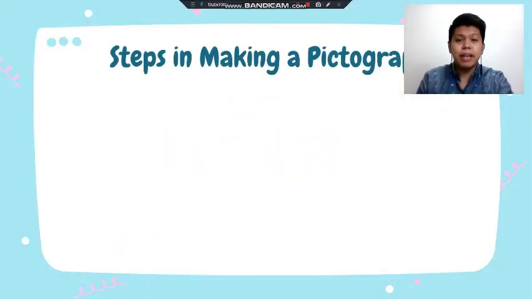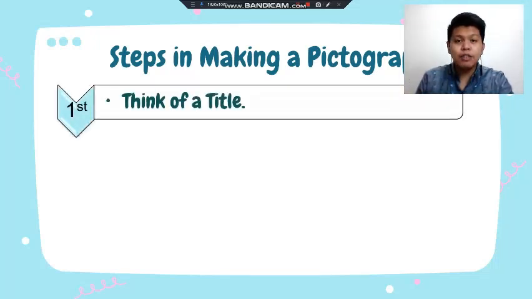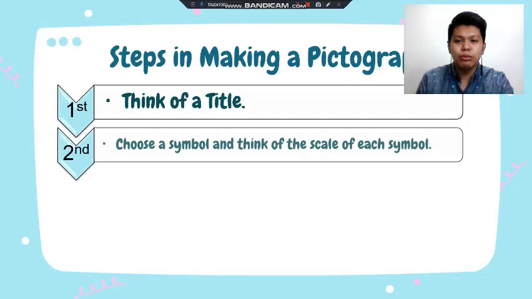The steps in making a pictograph: first, you have to think of a title, because the title is where we will know what the pictograph is all about. Number two is to choose a symbol and think of the scale of each symbol.